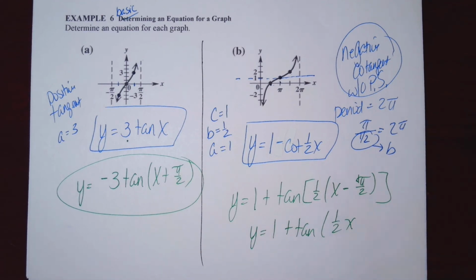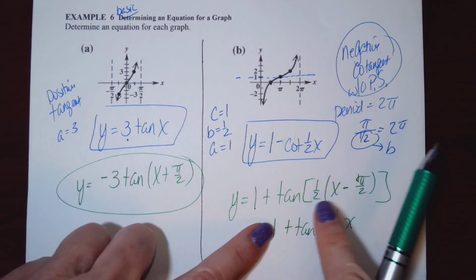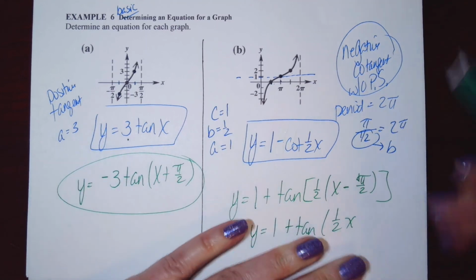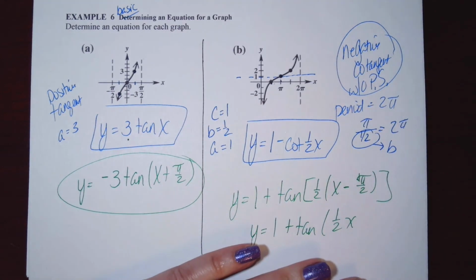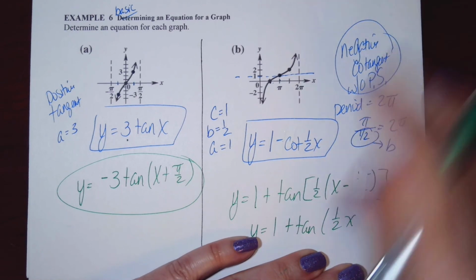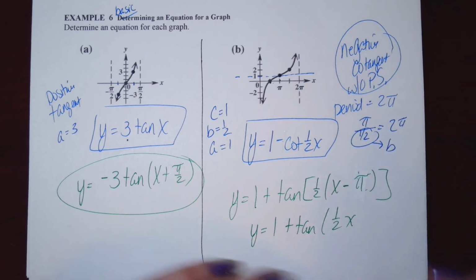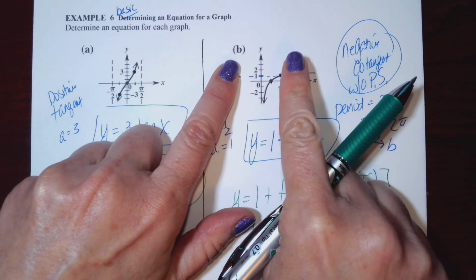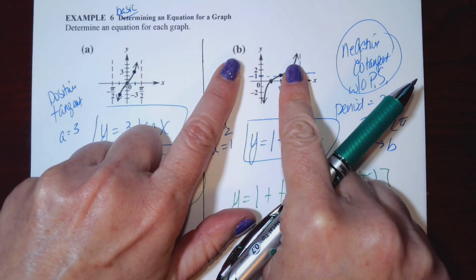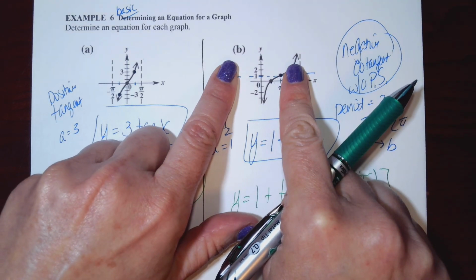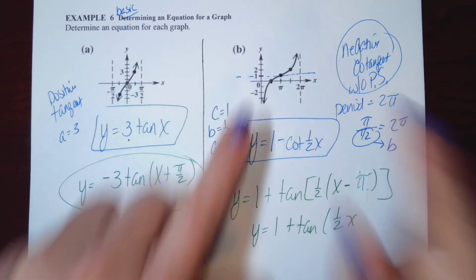Oh, wait. This is wrong for D because of this being 1/2, that needs to be pi, not pi/2. We have a phase shift of pi units, because if we wanted it to be a period of 2 pi and be balanced on the y-axis, our vertical asymptotes would be negative pi, positive pi, so that when I shift it over, I have to shift it pi radians.